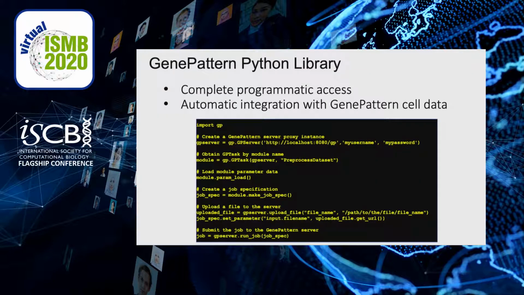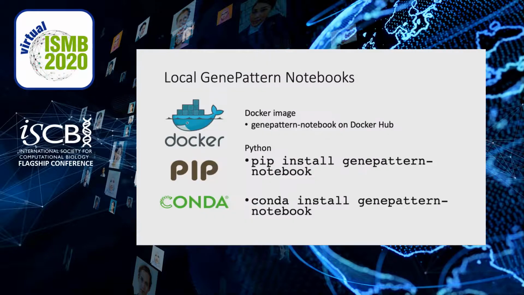For those of you who are computational biologists, all of the functionality I described to run and access GenePattern analyses is available through our Python library, and the code for all components of the GenePattern ecosystem is open source, available on GitHub. If you do want to install GenePattern Notebook locally as an extension to your own Jupyter system, you can either grab our Docker image, which contains a complete Jupyter plus GenePattern installation, or you can install using the pip or conda package managers.